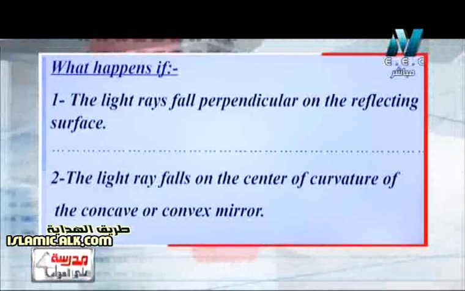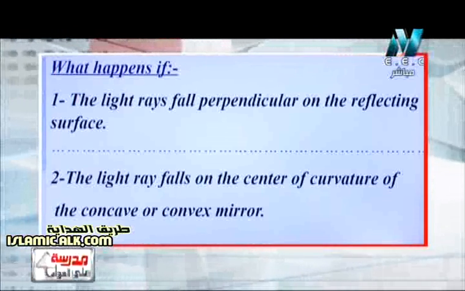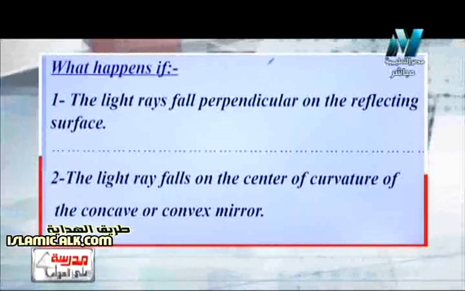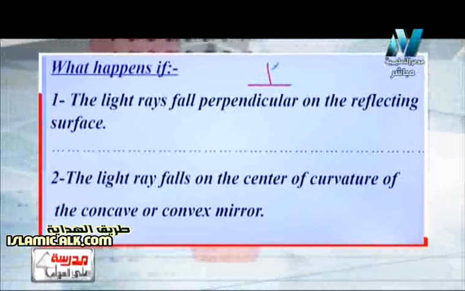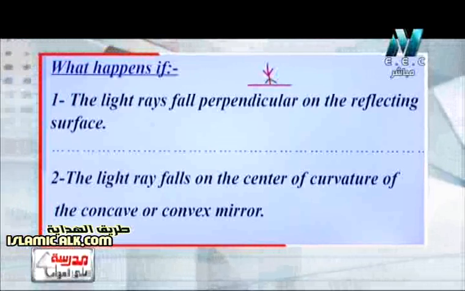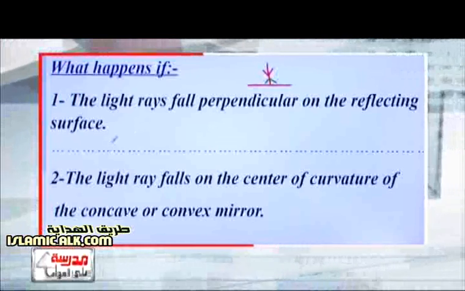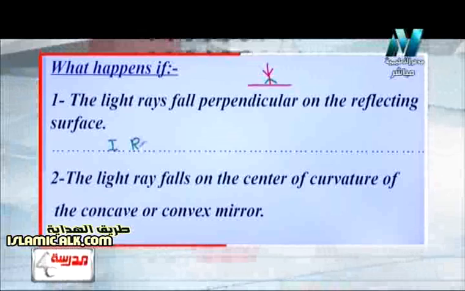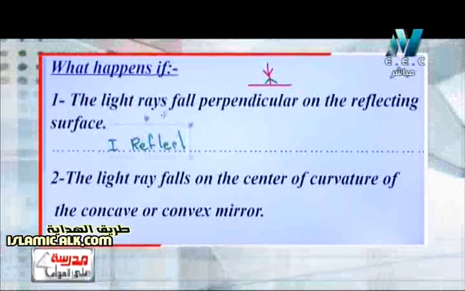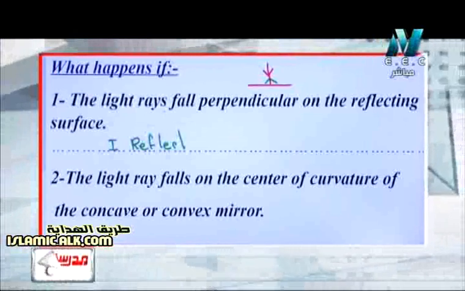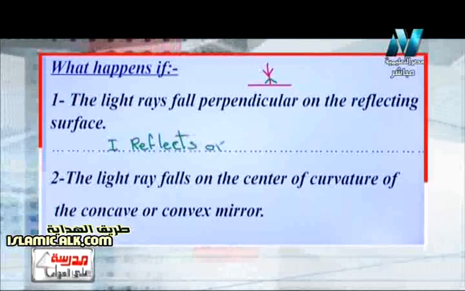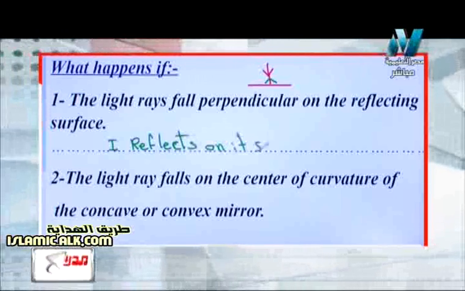The light ray falls perpendicular on the reflecting surface, and we know if a light ray falls perpendicular like that, it will reflect on itself. So it reflects on itself.